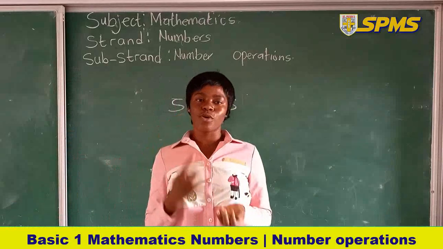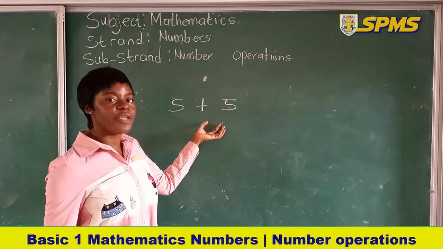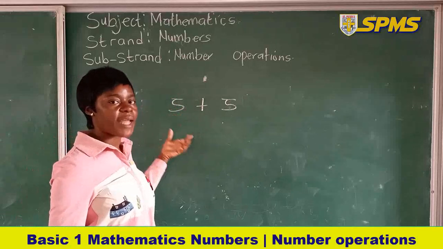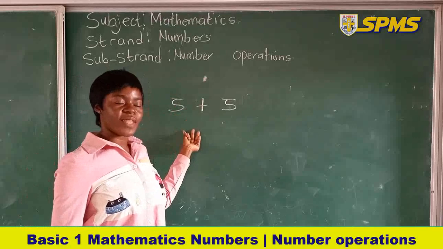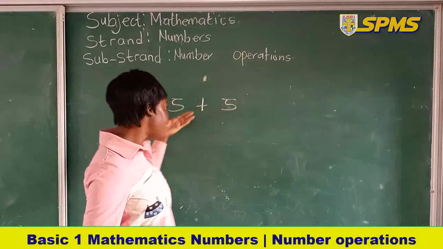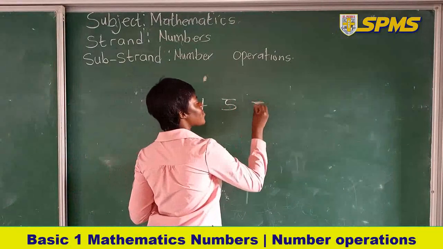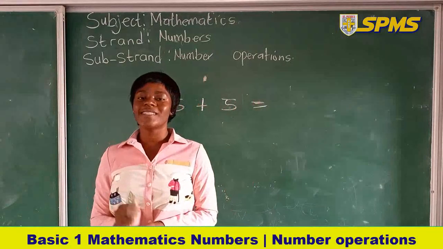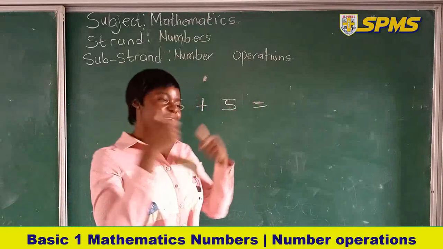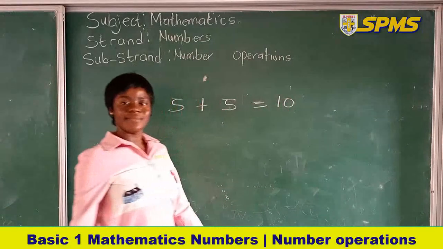So when you get a story problem, you first look at the addends given to you. 5 was the pencils Kofi had initially, and his mom added another 5 to it. So 5 plus 5 will give us... I'm waiting. 10. Very good. 5 plus 5 is 10.